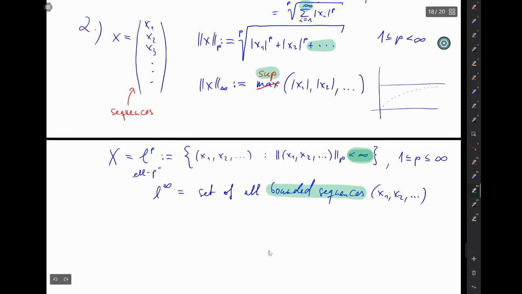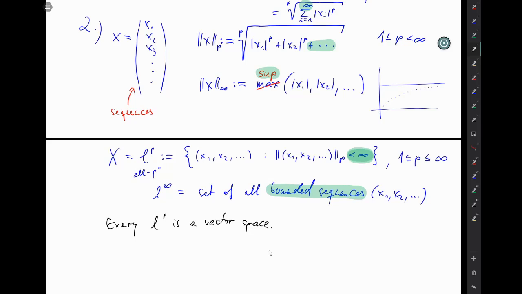Now the astonishing fact is that every lp is a vector space, and this is not so obvious, not obvious at all, because, well, for example, this is saying that the sum of two L2 vectors is again an L2 vector, and checking that is tricky business.